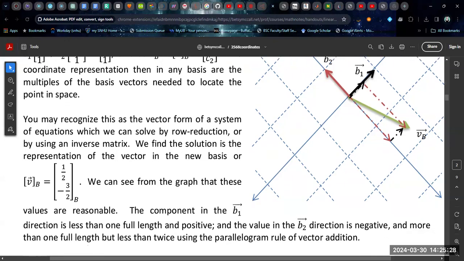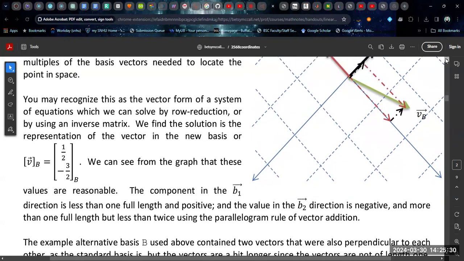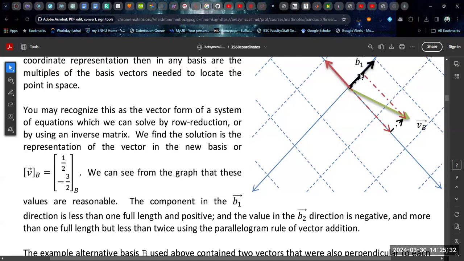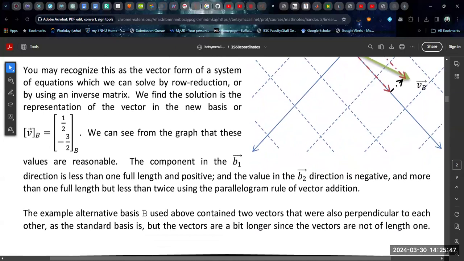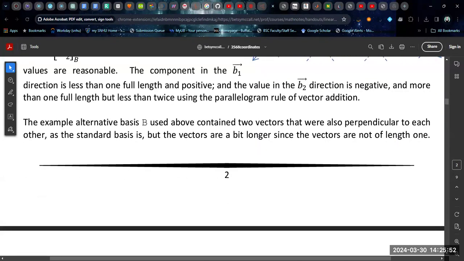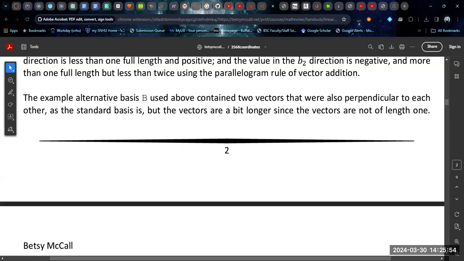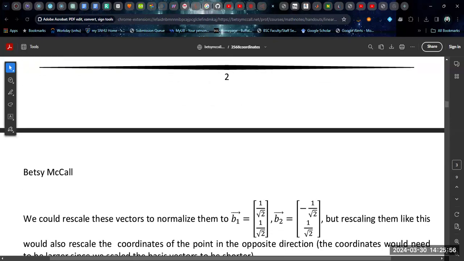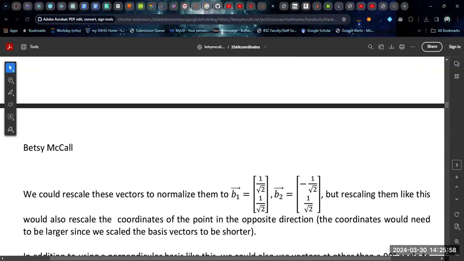And when I do that, I end up with, if I go 1/2 over in the B1 direction and -3/2 in the B2 direction, then when I add those together, I get to my final destination point that I was shooting for. So that would be the representation of the (2, -1) vector in that basis.